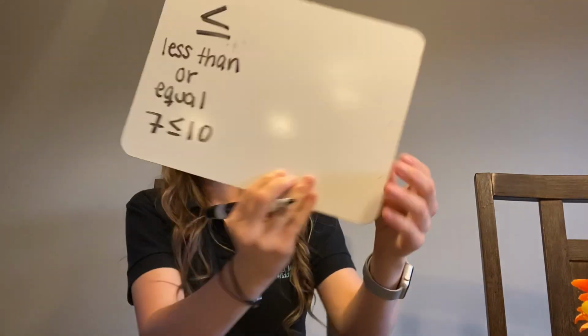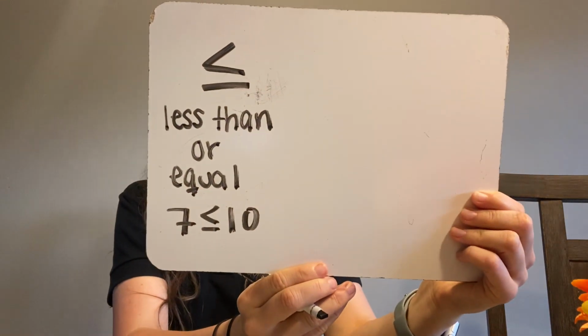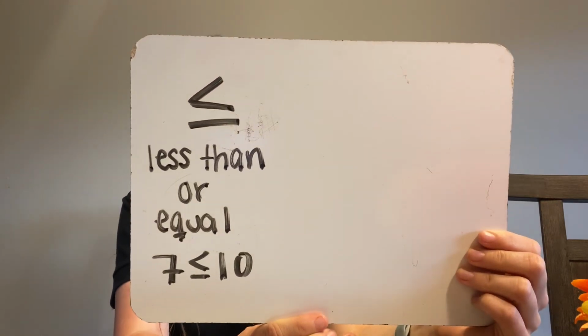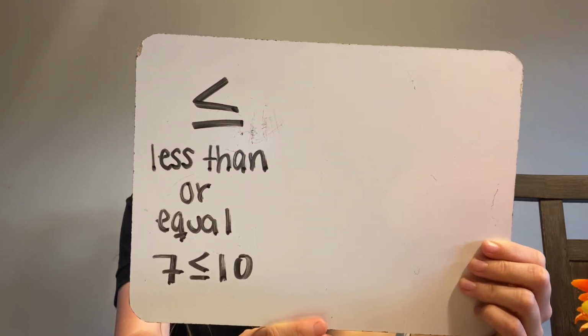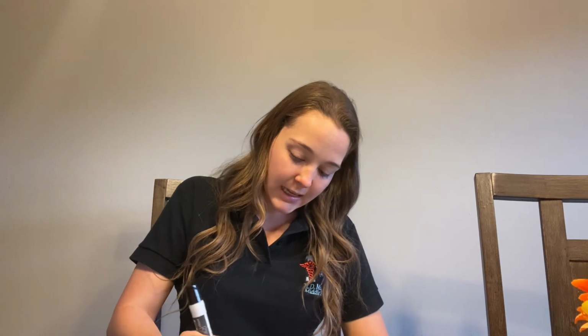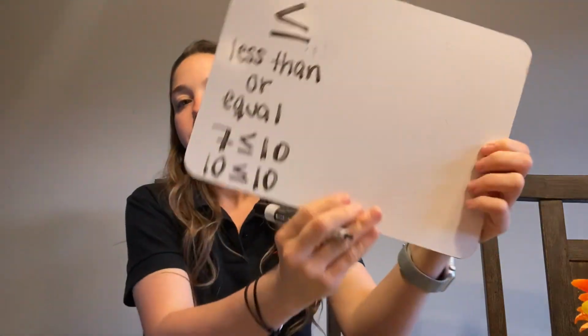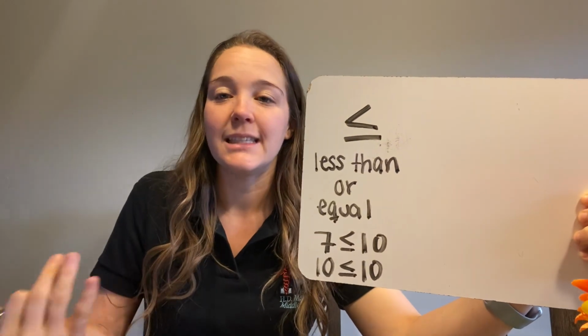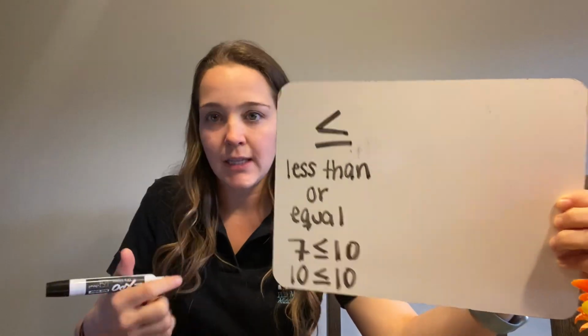I can say that 7 is less than or equal to 10, because we can say, well, is it less than 10? Yes, even though it's not equal to 10. That being said, I can also say that 10 is less than or equal to 10, because while 10 may not be less than 10, it is equal to 10. And so it still fits in that combination.